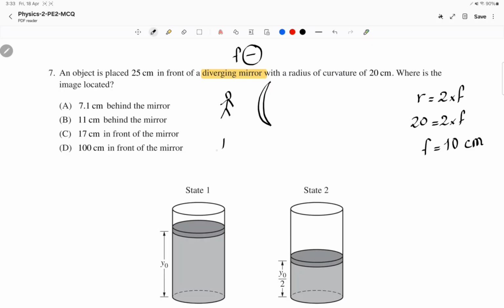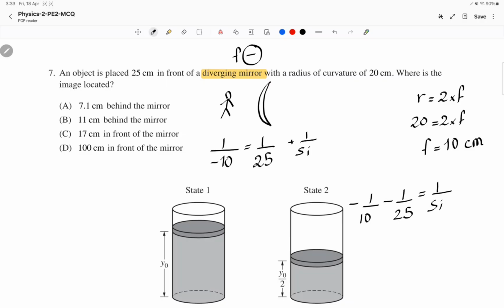So I'm going to say 1 over F is 1 over SO plus 1 over SI. The object distance is 25. So now 1 over negative 10 minus 1 over 25 is 1 over SI.